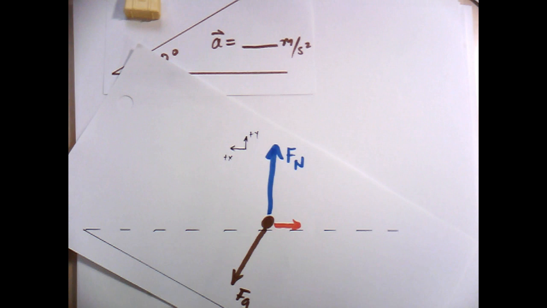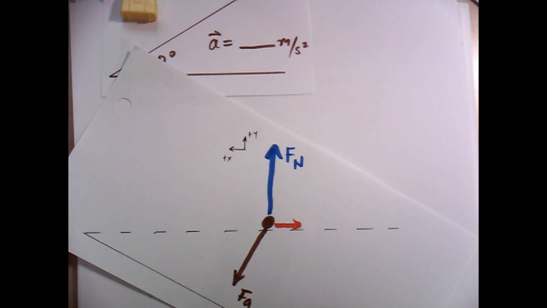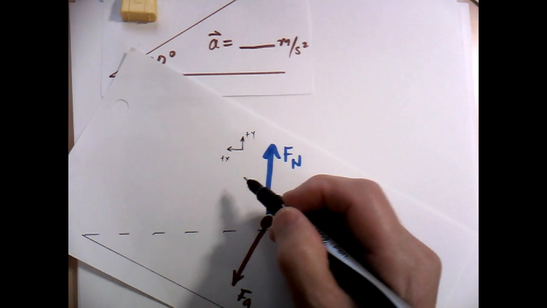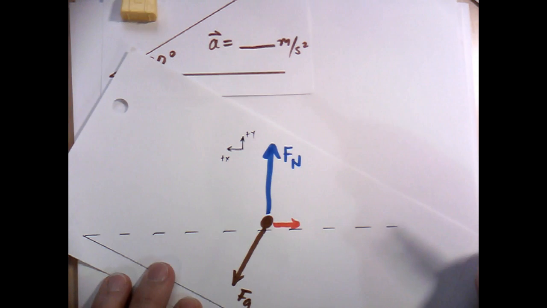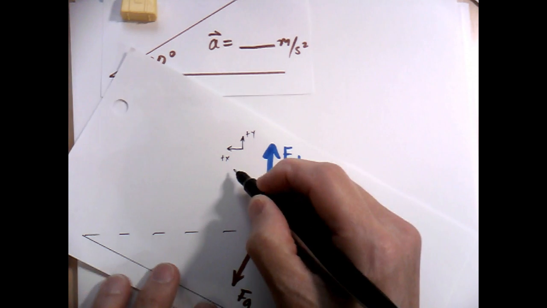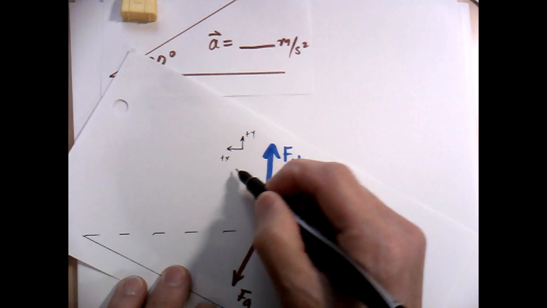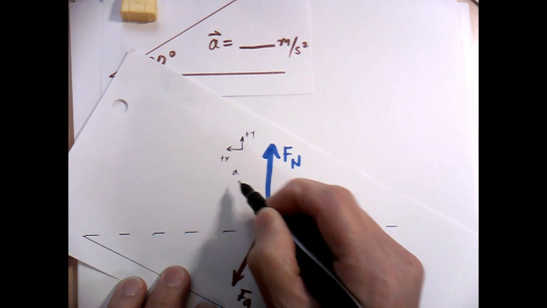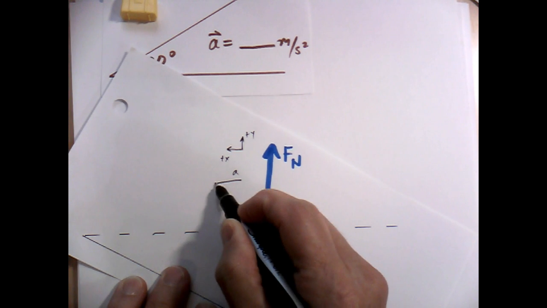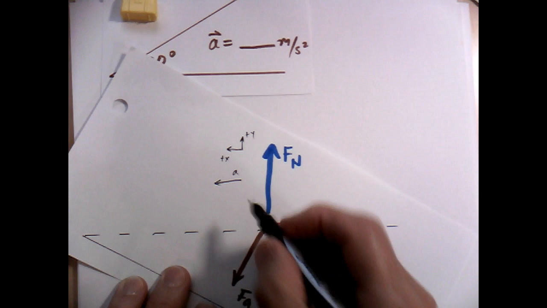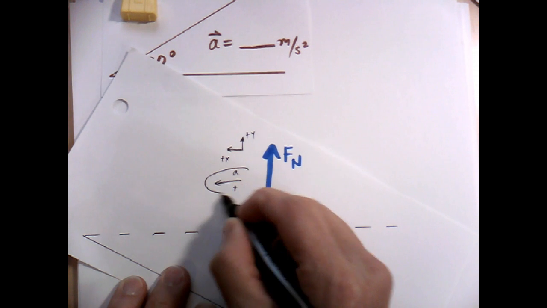Now this is arbitrary, so it's okay that we have it kind of what we might think of as backwards. And then last of all, let's indicate here that this object is going to accelerate in the direction parallel to the surface, and that is the x-axis.